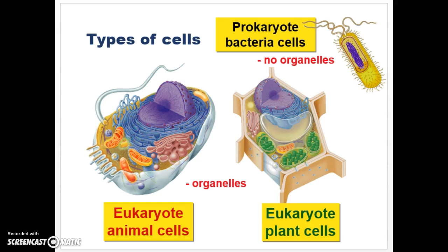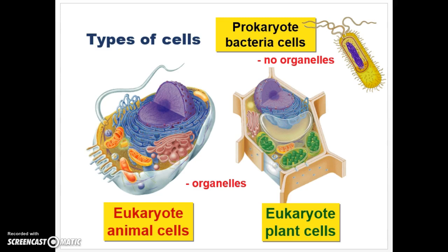So both prokaryotes and eukaryotes have chromosomes, so they have some sort of DNA. They both have ribosomes. They both have a plasma membrane, and they both have cytosol, or what we sometimes refer to as cytoplasm. But for all of the different types of cells, a more general term to use would be cytosol.